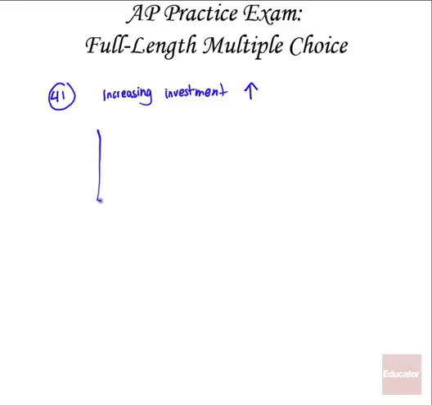So let me show you the difference here. Expansionary fiscal policy is going to have what's called the crowding out effect. So you have supply here, you have demand here. There's a quantity of loanable funds here, and then you have here the real interest rates.